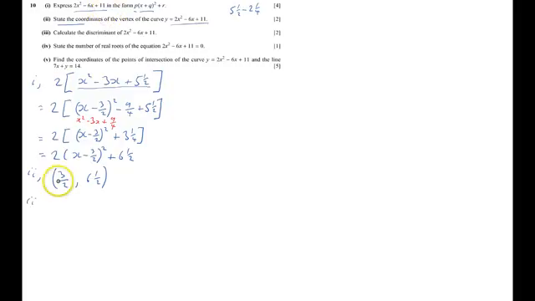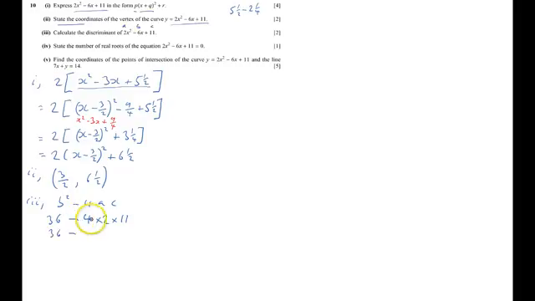That's easy. Part 3. Calculate the discriminant of this. So that's A, that's B, and that's C. So we go on to the discriminant, b squared minus 4ac. So b squared, it's negative 6 times negative 6, which is 36, take away 4 times a, which is 2, times c, which is 11.